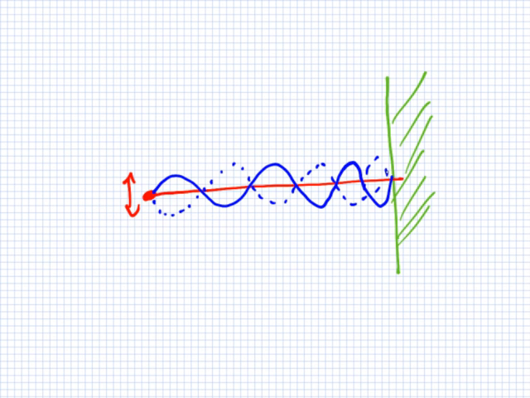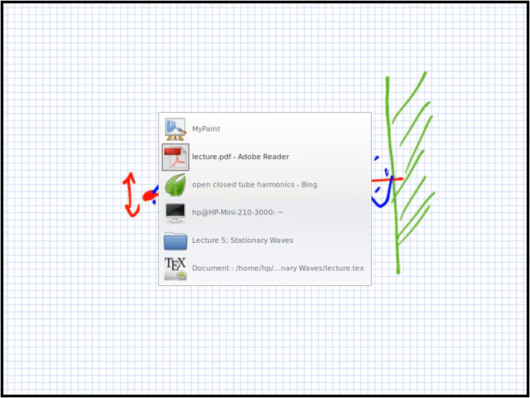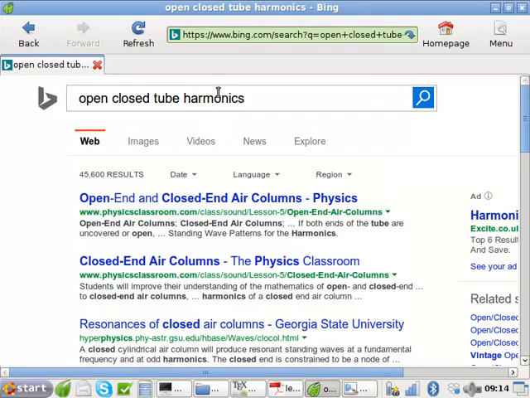The second wave that reflects backwards looks like the first wave but just upside down.